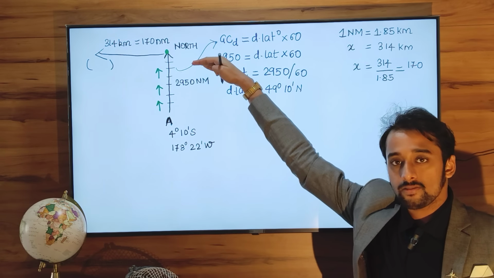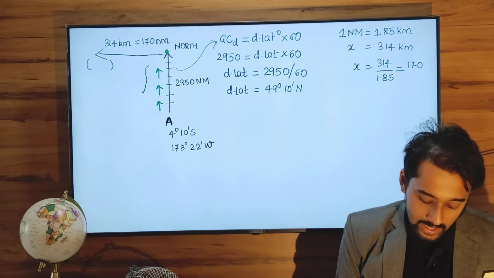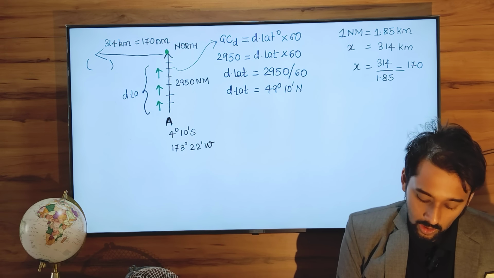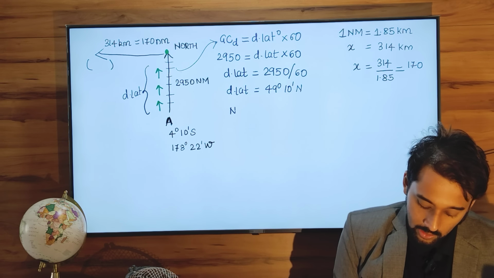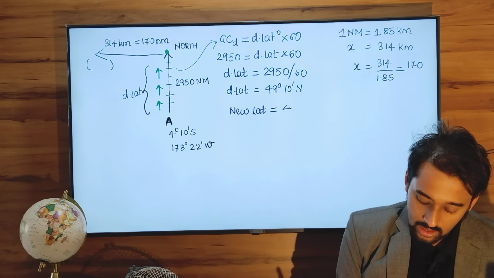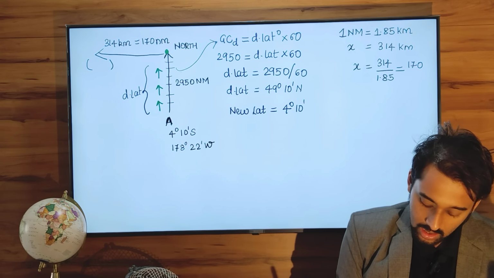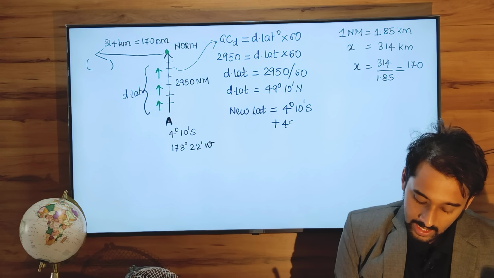When you go above, your latitude should increase by a d-lat of 49 degree 10 minutes north. So the new latitude will be equal to the initial latitude at south plus 49 degree 10 minutes.